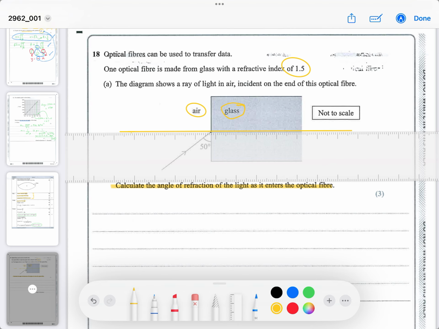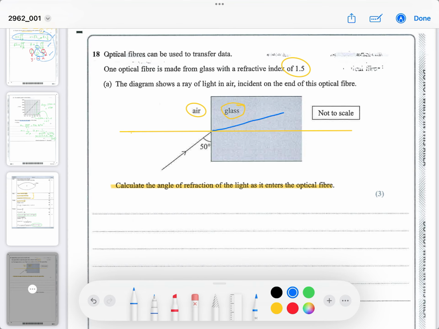Then the ray will bend towards the normal. That's not good, let me do it again. So we want the ray going in and bending towards the normal. So it's going to come out around there, of course, the continuation. So we want this angle, theta 2.